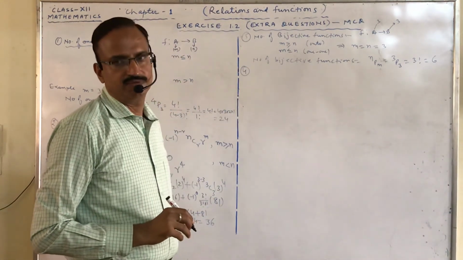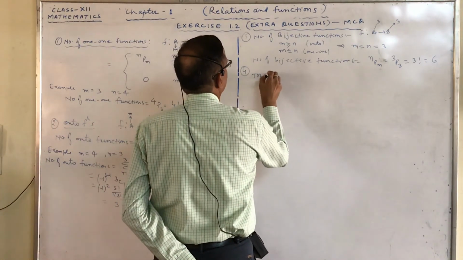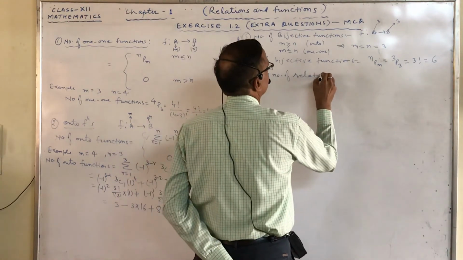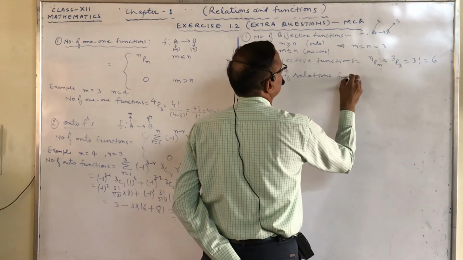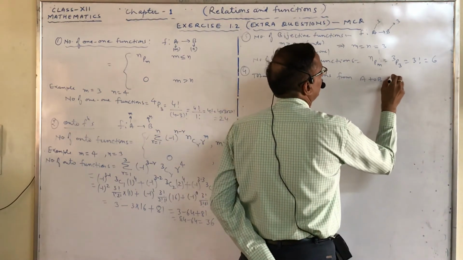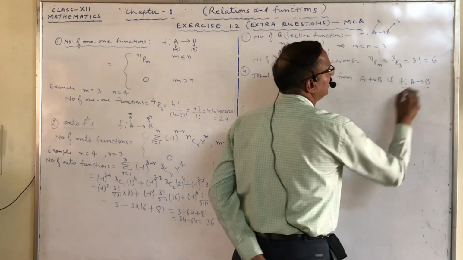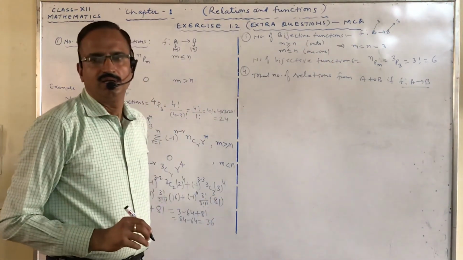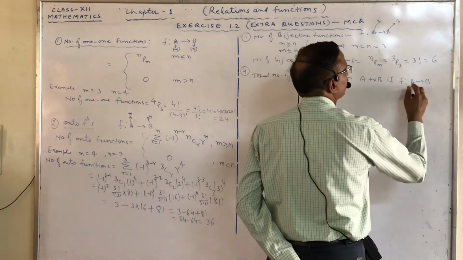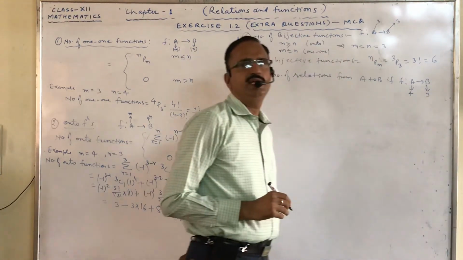number of relations from A to B. Total number of relations from A to B if f is a function from A to B. And suppose A has 4 elements, B has 3 elements.